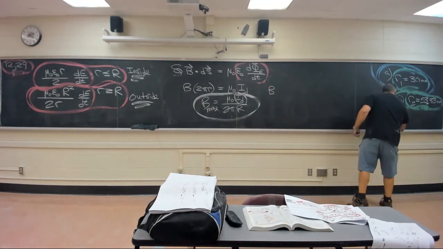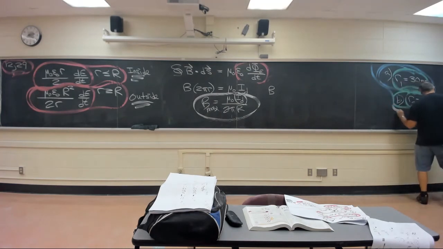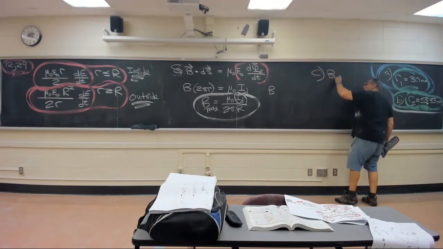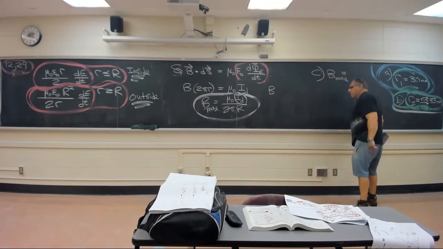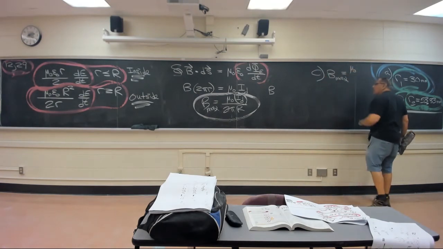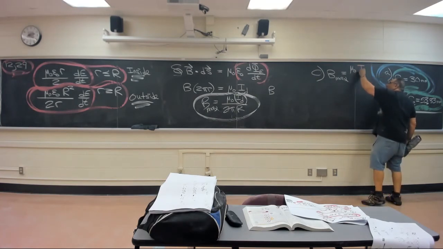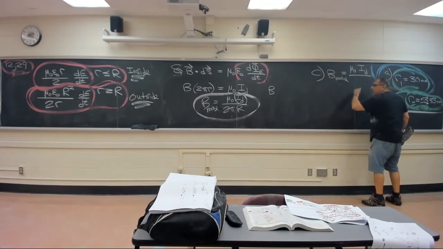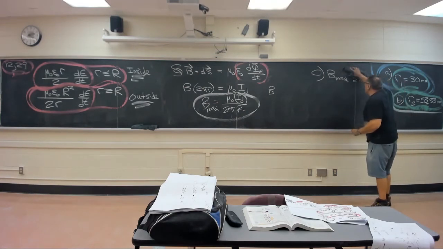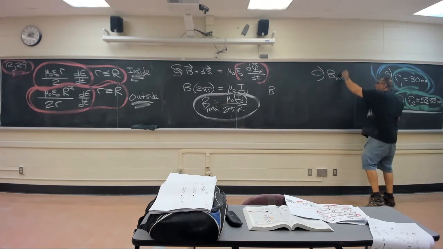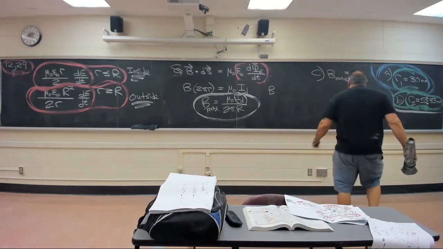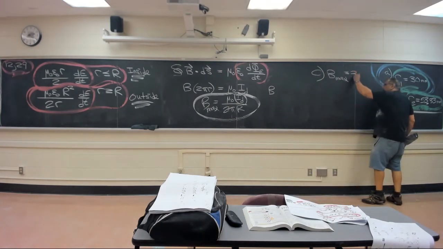B max equals mu 0 I sub d over 2 pi capital R. Plug in all the appropriate values, you guys. And we're getting 3 times 10 to the negative 5 Tesla. That's 30 microtesla.